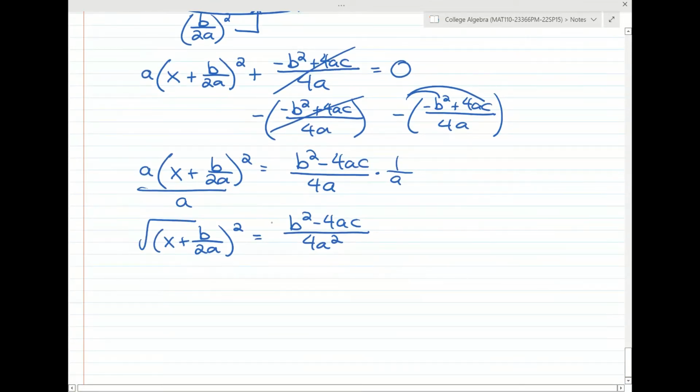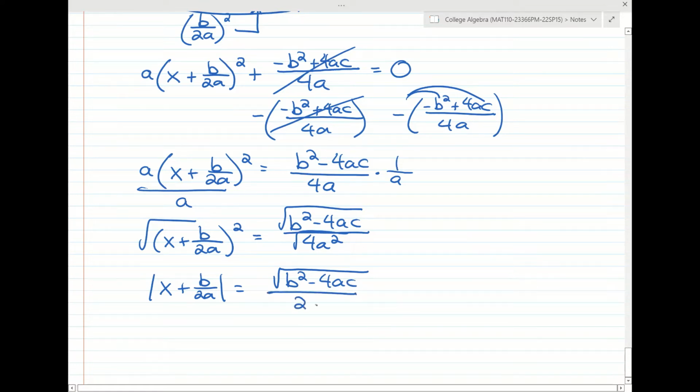Taking the square root of both sides, we wind up with absolute value of x plus b over 2a is equal to the square root of b squared minus 4ac all over 2a.